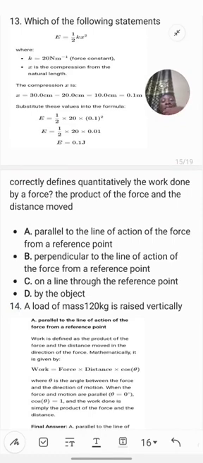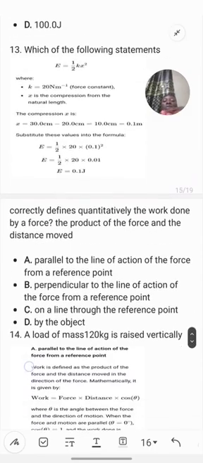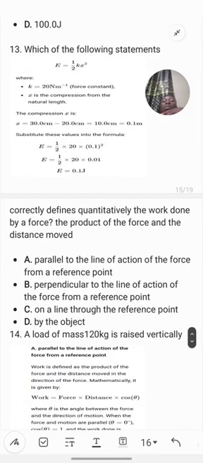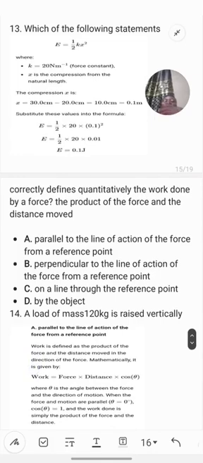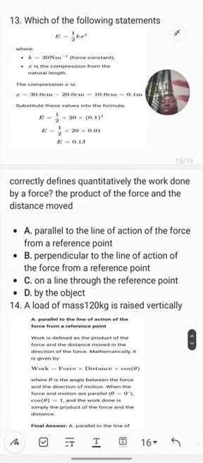Because of our time, that's the correct option. What we are trying to say here is that we want to define work done by a force. So it means that the product of the force and the distance moved parallel to the line of action of the force from a reference point.